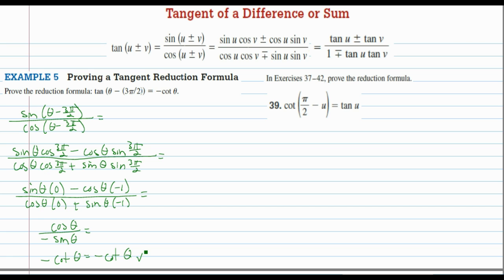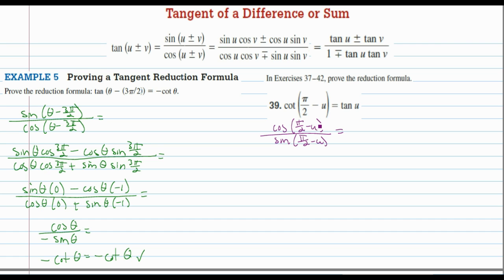In the now try problem number 39, I'm going to start with the difference of now a cotangent. Now as you can imagine, cotangent is the reciprocal of tangent, but it's also cosine over sine. So I'm actually going to first expand this out to cosine of pi over 2 minus u over sine of pi over 2 minus u.